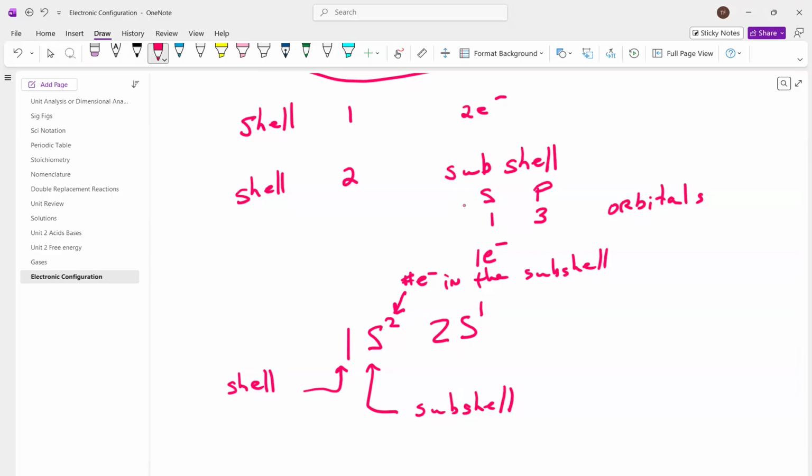Yeah. So the 1 and 2, they have to put the shell. And then, yeah, the first subshell. So shell 2 and subshell 1, shell 1 subshell 2. And notice there's 4 subshells total, S, P, D, and F, depending on the complexity of them.